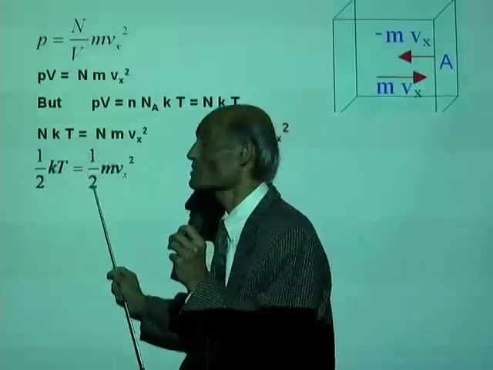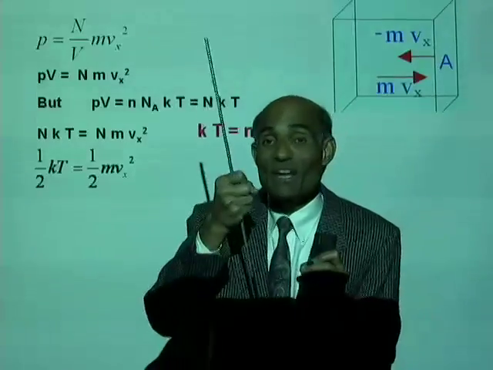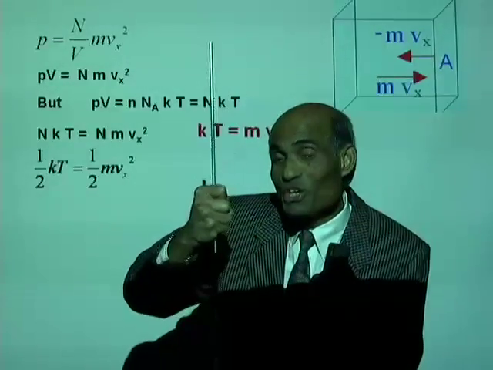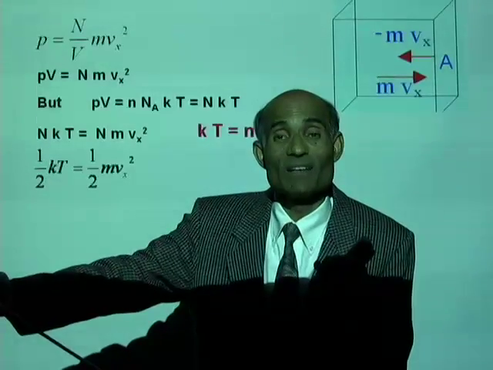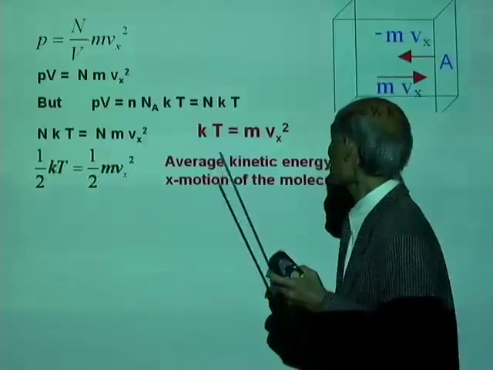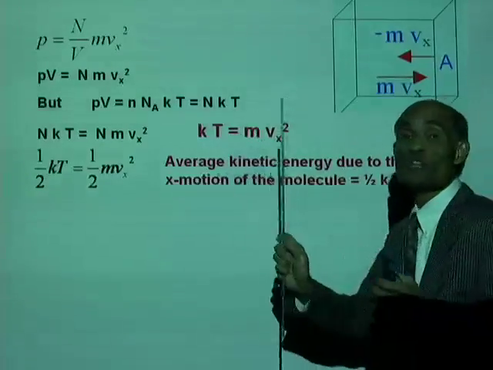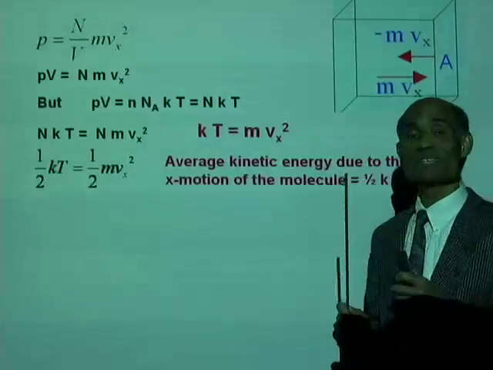And what is that equal to? Equal to 1/2 kT. The energy of a molecule in the x direction is 1/2 kT. I want you to remember that one. All right. Average kinetic energy due to the x motion equals 1/2 kT.